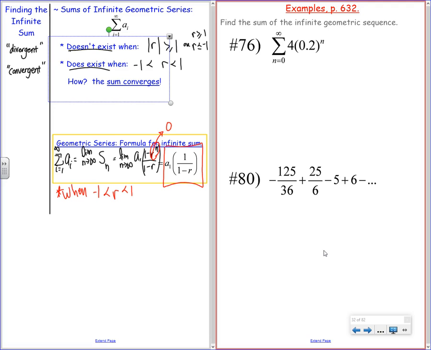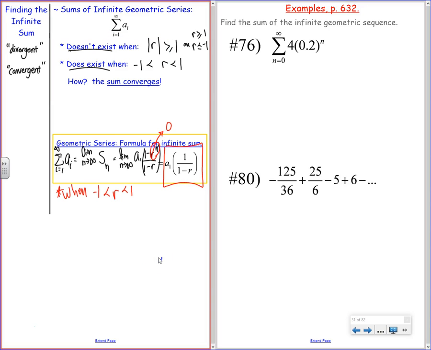Or is this one of those where it's just going to keep on getting bigger and bigger and never stabilize to a sum? You know what I mean by stabilize, right? There's still some variation, but slowly becoming stable. That's kind of what the numbers are doing, but only when r is in between negative 1 and 1.